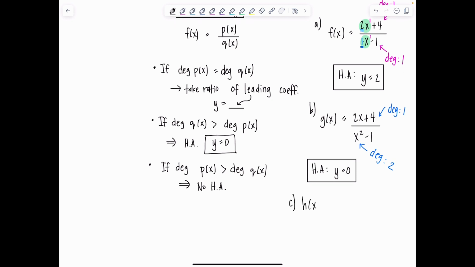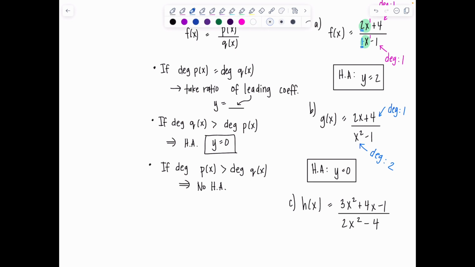h of x equals 3x squared plus, this is more spicy than what you're going to have to deal with, but just to show you, over 2x squared minus 4. Okay, what's the degree of the numerator? It's 2, right? And the degree of the denominator? 2.